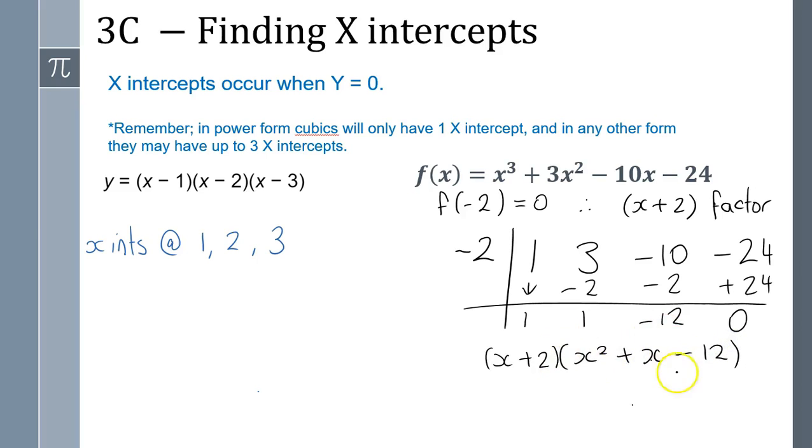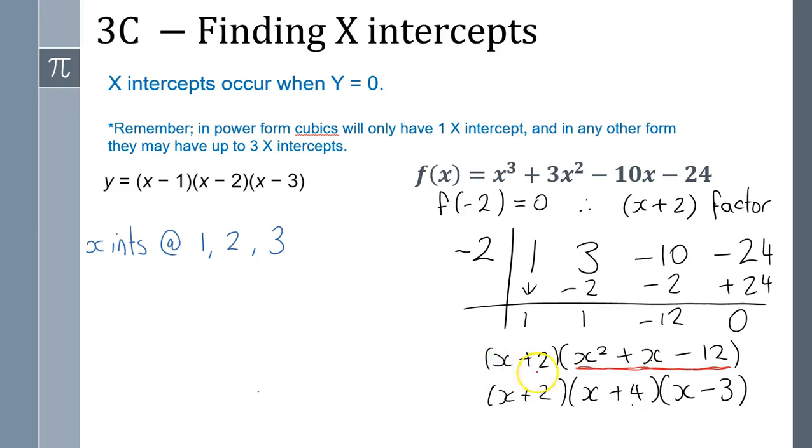Okay, this one here, I can kind of see straight away it's going to be plus 4 and minus 3. But I'm going to show you how to figure out if you've got one x-intercept, if you've got 2, or if you've got 3. So you're going to have a look at your quadratic function here.